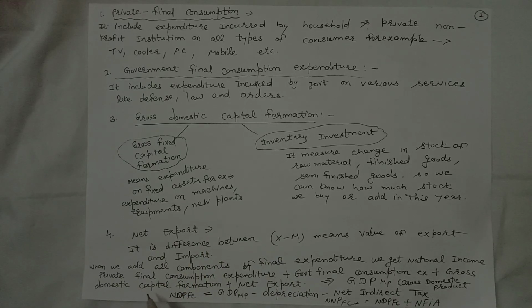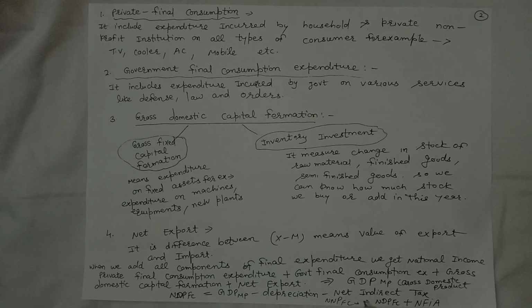Okay. At last, when we add all the components of final expenditure, we get national income. We have all the components now: private final consumption expenditure plus government final consumption expenditure plus gross domestic capital formation plus net export.